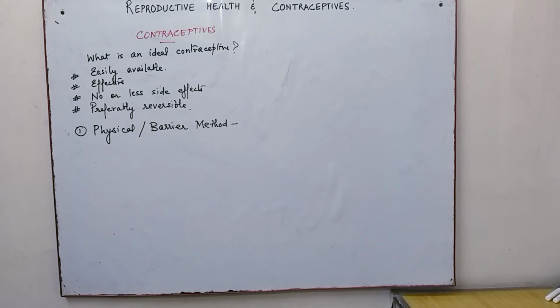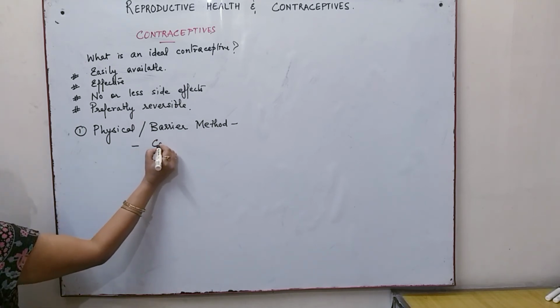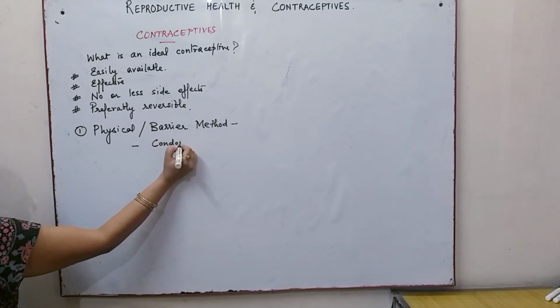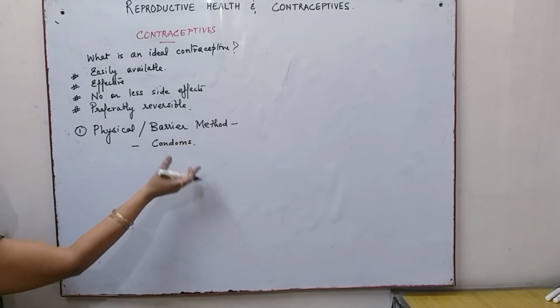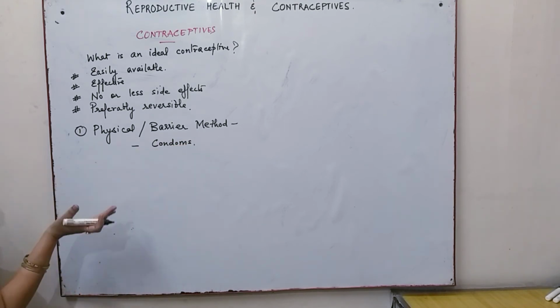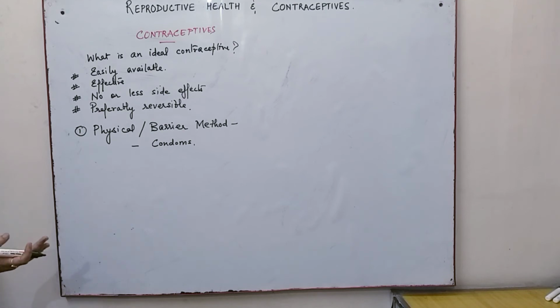So if this can be avoided, pregnancy can also be avoided. So these are the barrier methods, and here we have the condoms, which are very common. They are used for both males and females. They provide the barrier and do not allow the sperms to meet the egg.